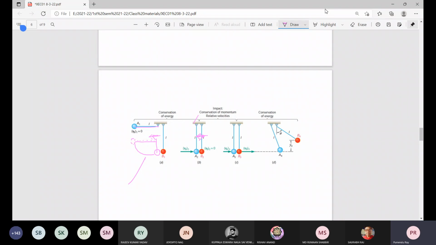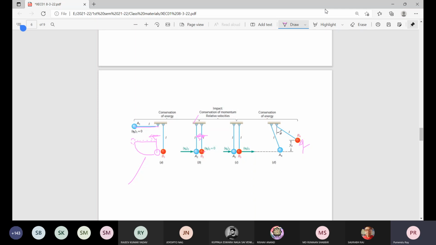Now in this case, before impact, A has some velocity giving some higher kinetic energy, and when that kinetic energy is transferred, naturally it travels maybe some greater height, or a greater angle of swing.